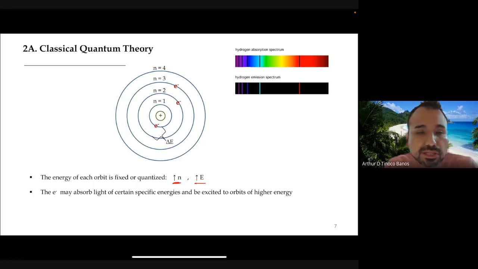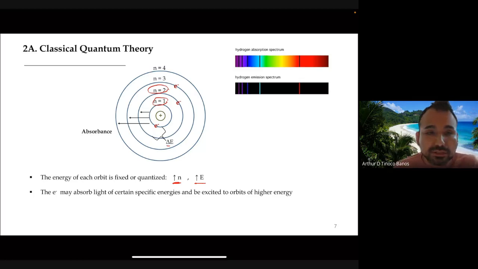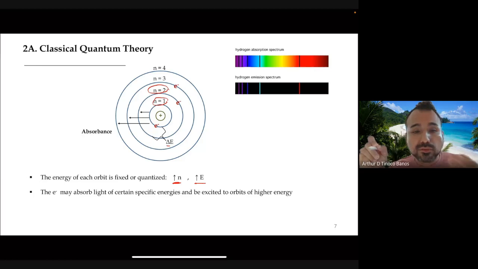Here I'm just giving you a perspective of the difference in energy from the orbit n equals 1 to the orbit n equals 2. And as you can see, there is a fixed energy difference represented by delta E. Well, what can happen is, let's imagine that an electron in n equals 1 absorbs electromagnetic radiation.